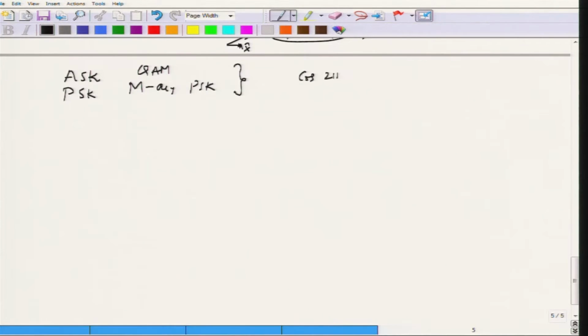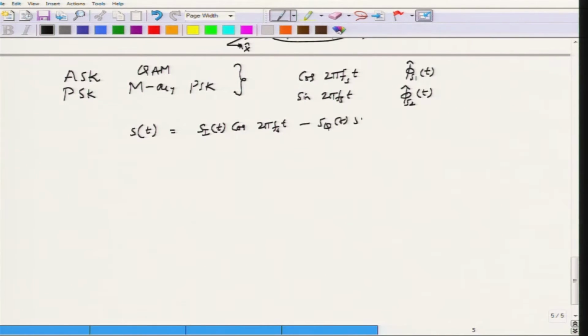These orthogonal signals are cos 2 pi fst and sin 2 pi fst. The corresponding signals which are the unit signals along these 2 can be labeled as phi s1 and phi s2 of t. This is enough for me, because we saw in the last module that any signal s of t can be described by its in phase component si of t cos 2 pi fst minus sq of t sin 2 pi fst.